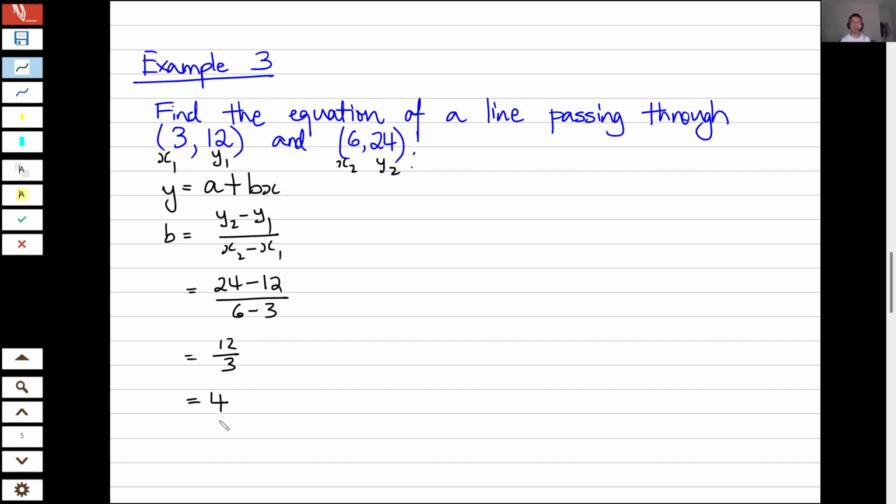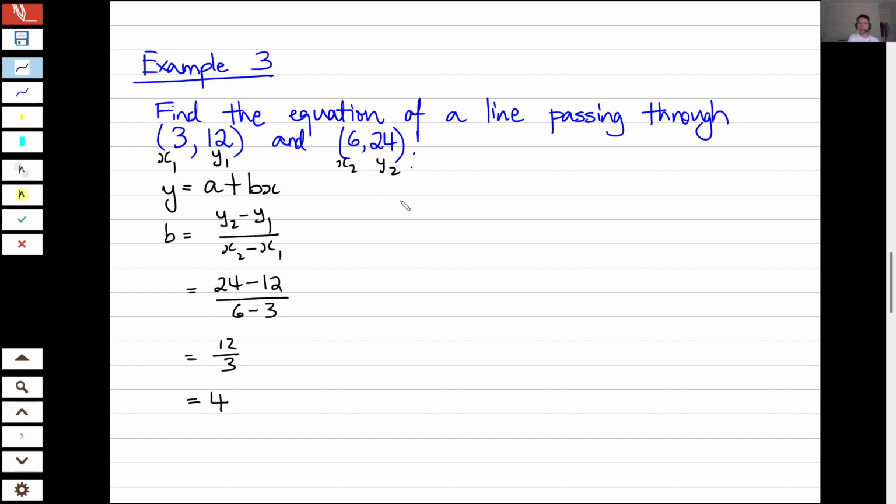Now, I've got the slope, but I don't have the intercept. To find the intercept, we're going to have to do what's called substitution. I know that when x equals 3, y equals 12.